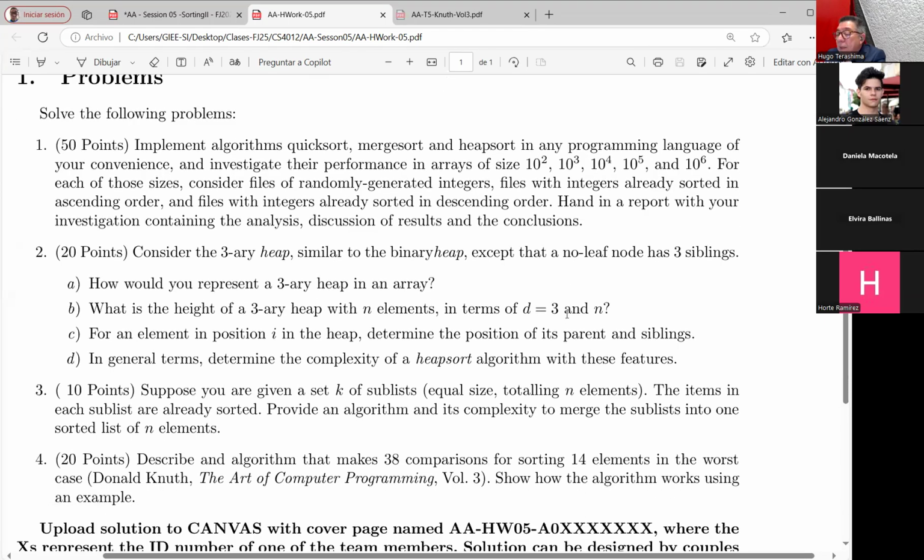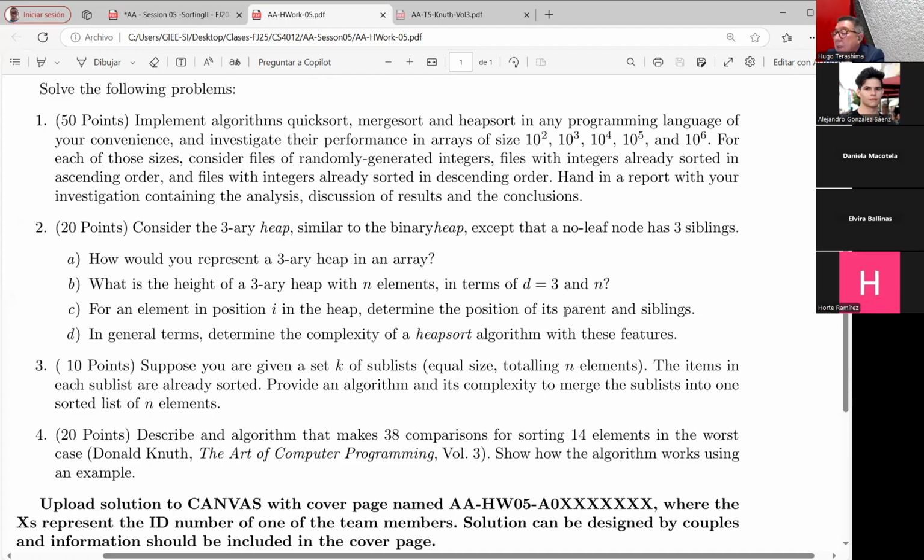And then the second is, consider a heap where, instead of binary, it's going to be ternary, right? Similar to the binary tree, except that the non-leaf node has 3 offspring instead of 2. How would you represent the ternary heap in an array?